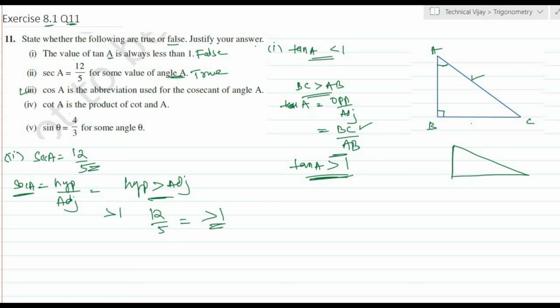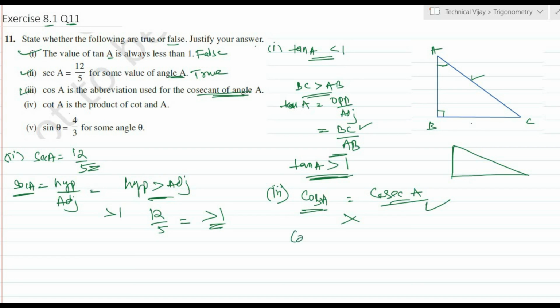So the third one. First, second over. Third one. Here cos A is the abbreviation used for the cosecant of angle A. Whether cos A is equal to cosecant of angle A? No, it is wrong, because cosecant is different from cos.